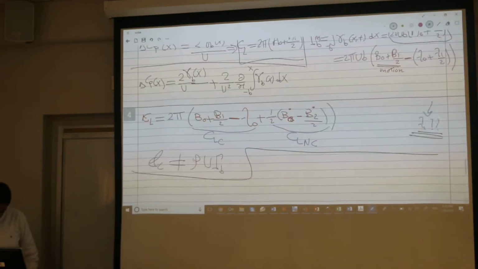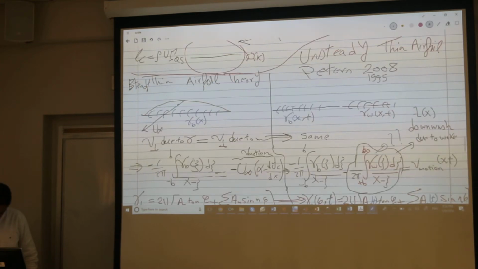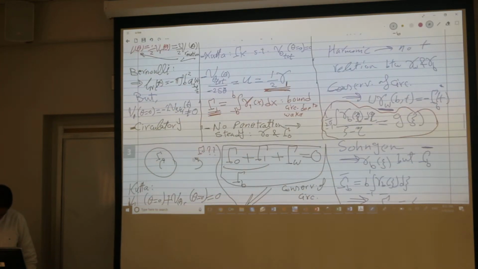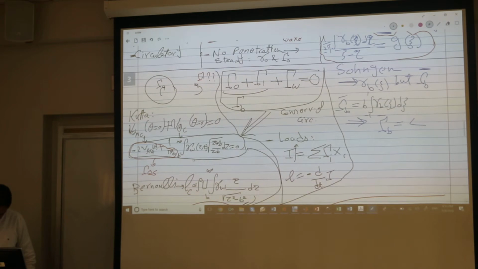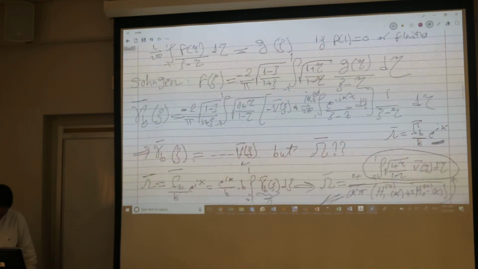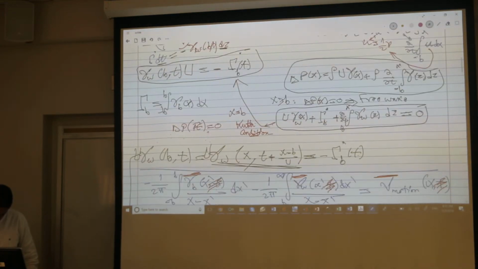Let's skip this. We had the pressure term before. Where is the pressure term? Yeah, this equation. This equation is good.